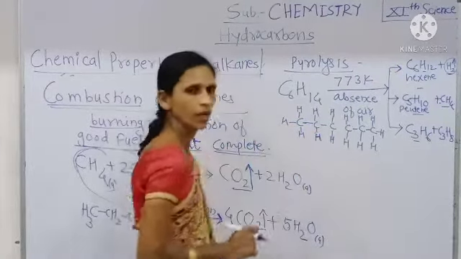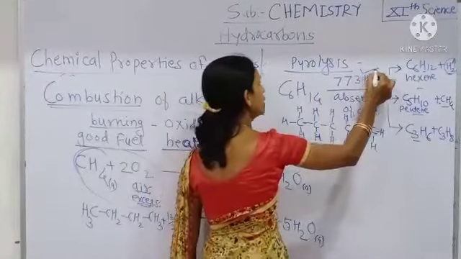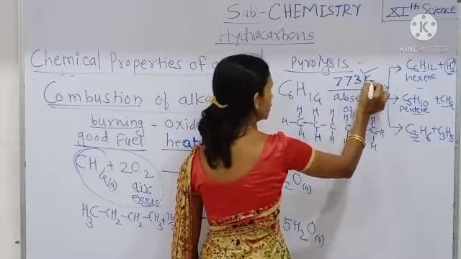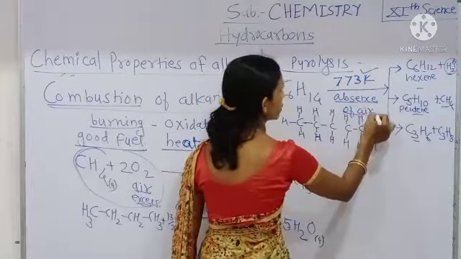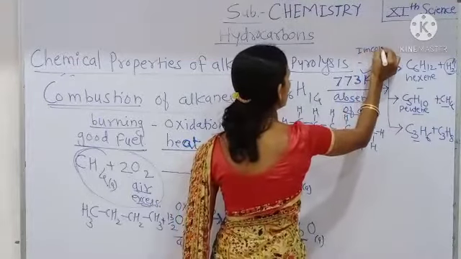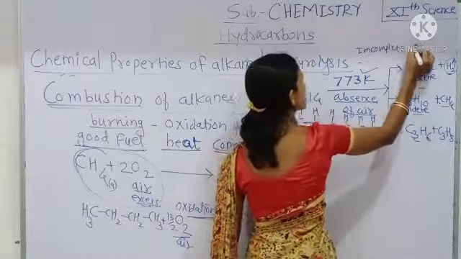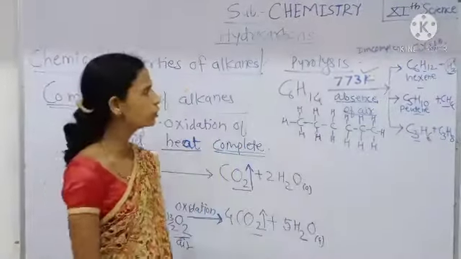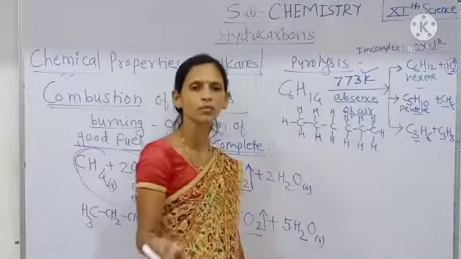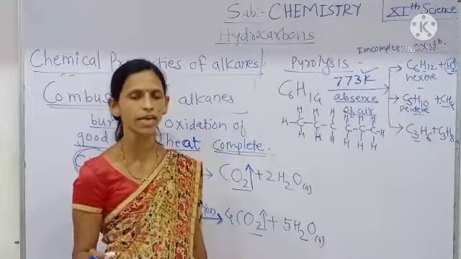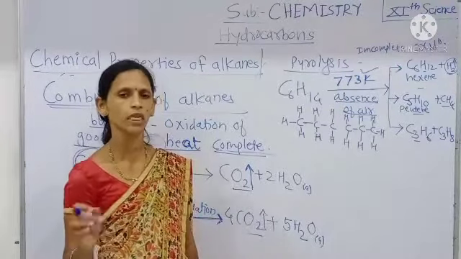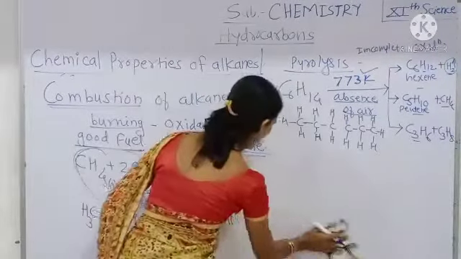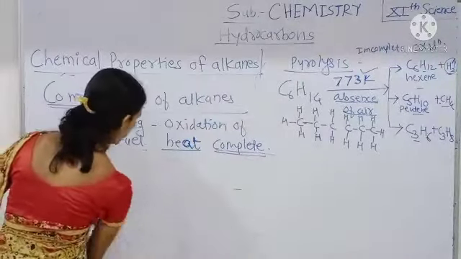And it is because of the condition used here, that is at 773 Kelvin in absence of air, incomplete oxidation takes place. Incomplete oxidation of alkane gives the mixture of different types of alkenes and lower alkanes as well as hydrogen gas.